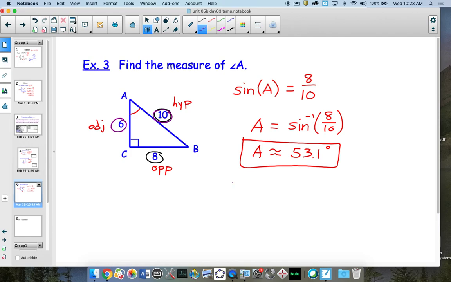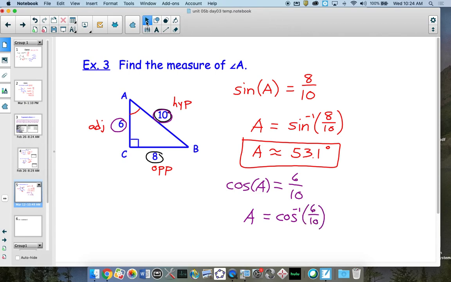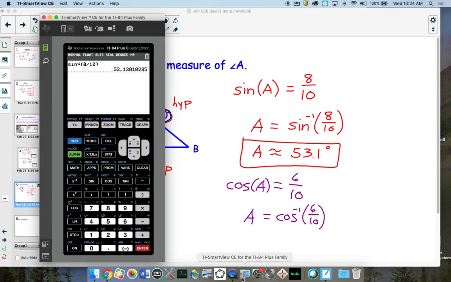And you could have set it up and said, oh, the cosine of angle A is equal to adjacent, which is 6, over the hypotenuse, which is 10. And then to get angle A, to undo cosine, we're going to do the inverse cosine of 6 over 10. And then we grab our calculator, and we type in second cosine, 6 divided by 10.